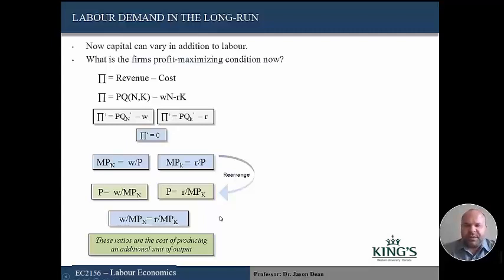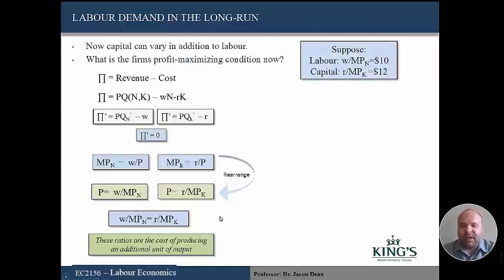Now, just to get some intuition as to why this is a profit maximizing condition, let's suppose this doesn't hold and a firm is producing at a point where the wage divided by the marginal product of labor is equal to 10 and for capital it's equal to 12.